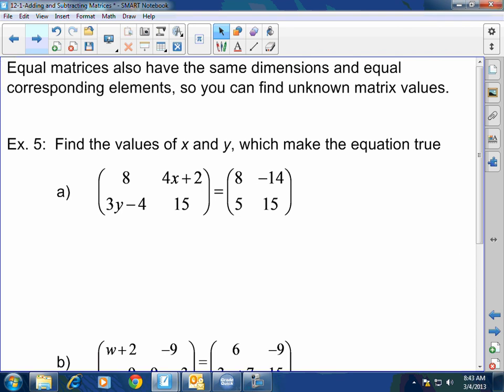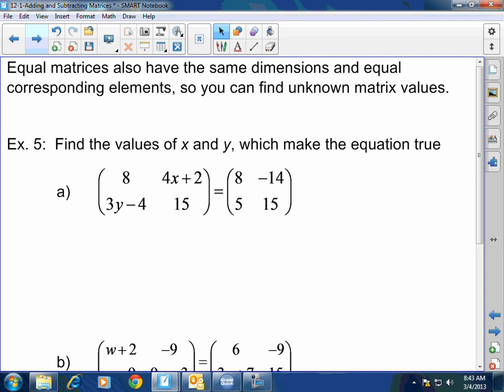But equal matrices also have the same dimensions and equal corresponding elements. So you can find unknown matrix values if you know that two matrices are equal. So what you would do here is element by element. The element of one matrix is going to be equal to the corresponding element in the other matrix.